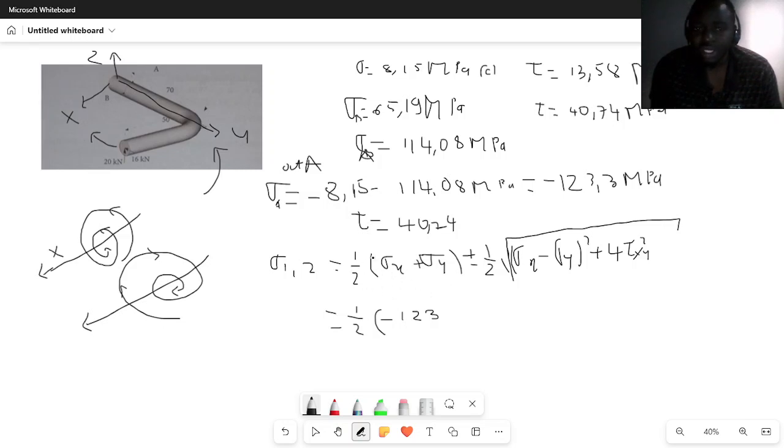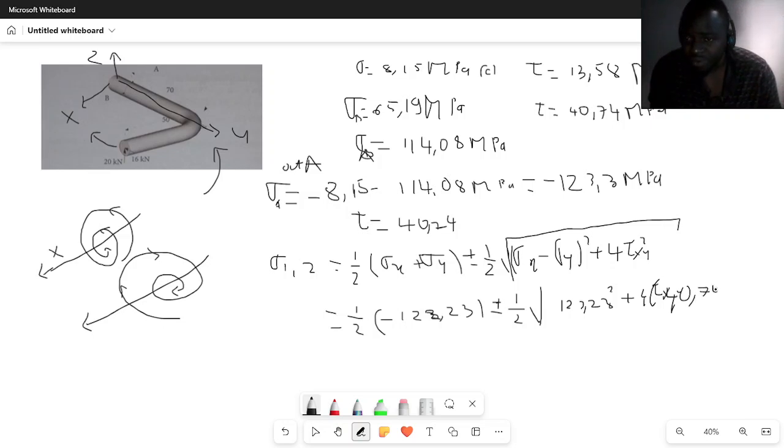When they say rho x, it simply means rho A. You go plus minus half of the square root, you now have 122.23 squared, because this thing will be squared, remember rho y does not exist, plus 4 times 40.74.